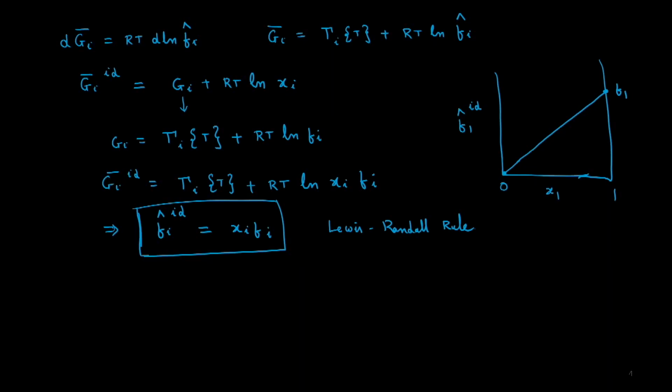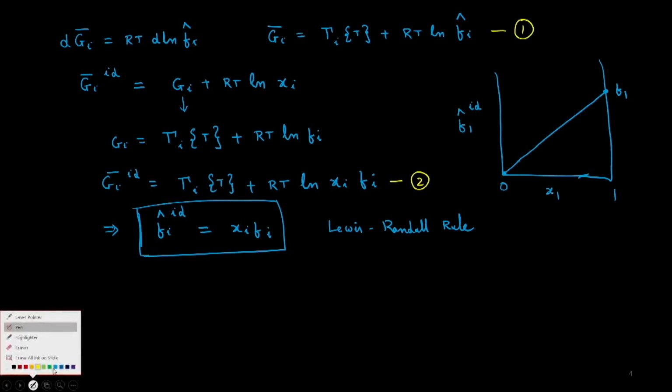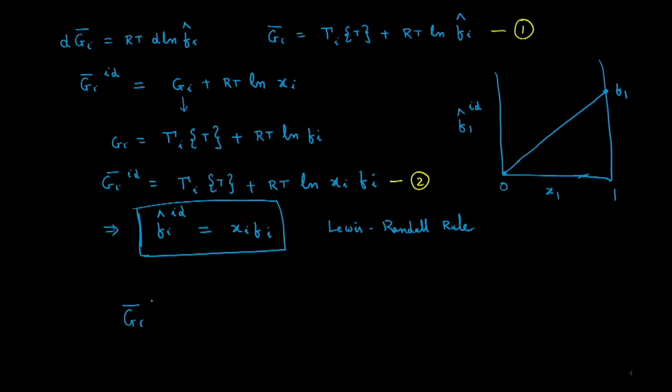In general though, if we take these two equations, equation 1 and equation 2, for a non-ideal solution, and I subtract one from the other, what I get on the left hand side is Gi bar E, the excess Gibbs free energy.